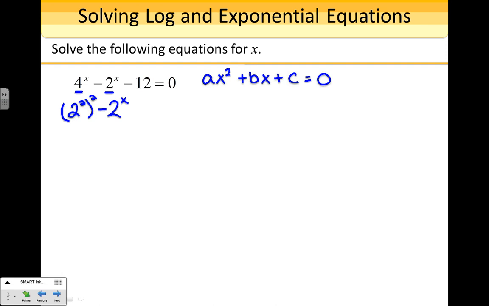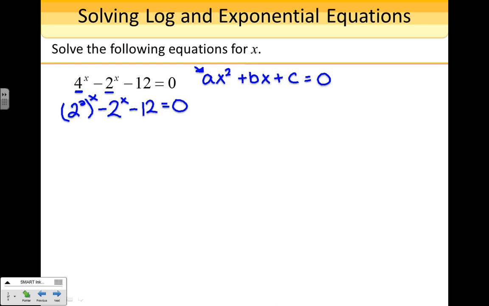The problem is I can't write 12 with a base of 2, but I'm still thinking about how it looks like an ax squared plus bx plus c sort of problem. And you'll notice, oops, I'm sorry, this should be an x. You'll notice now I do have a squared term here. I have 2 squared and 2 and negative 12.